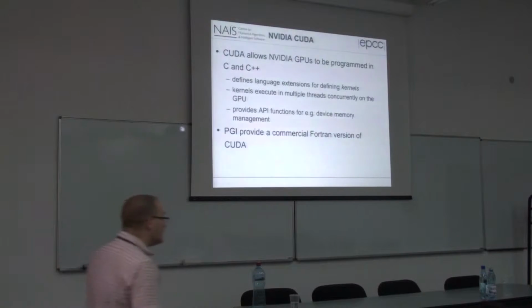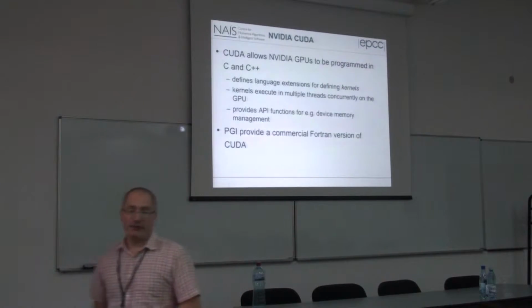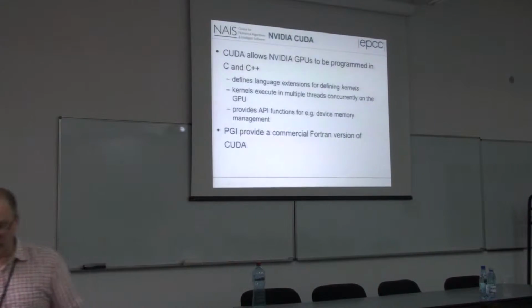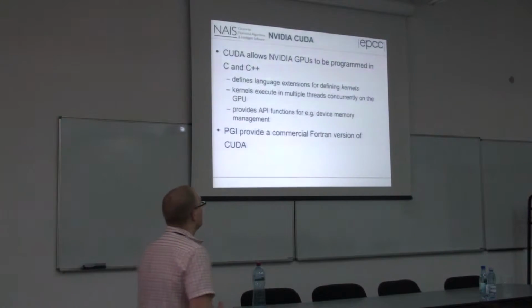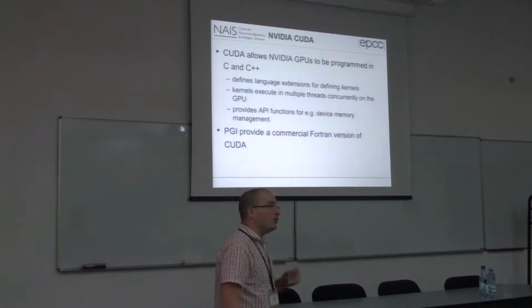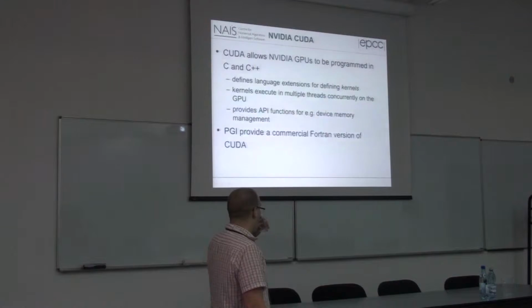So one of the main ways that people program GPUs is using what's called CUDA. And this is a language extension written by NVIDIA, who are the people who sell most of the scientific GPUs, allowing you to program C++ programs and use GPUs through them.